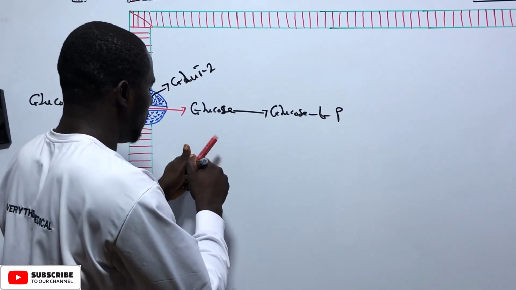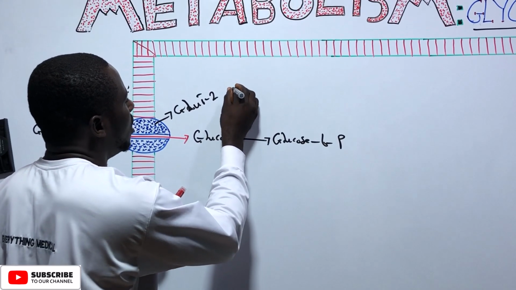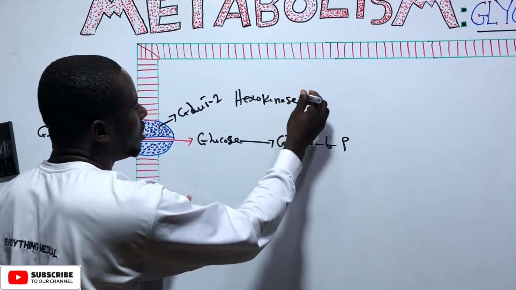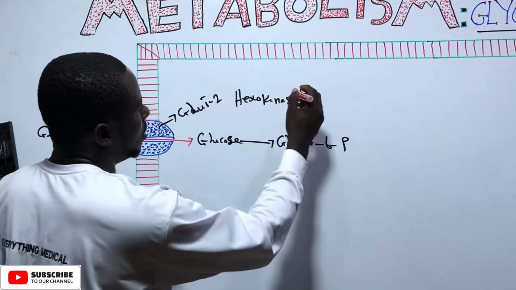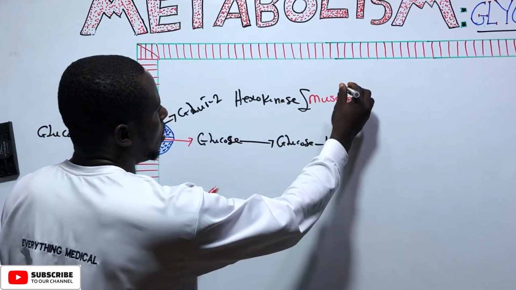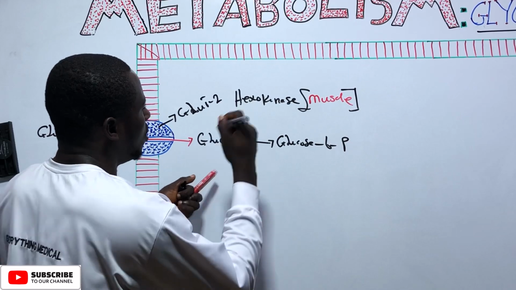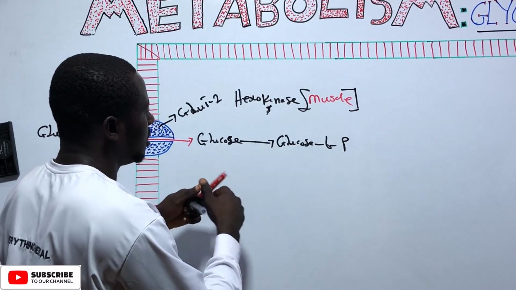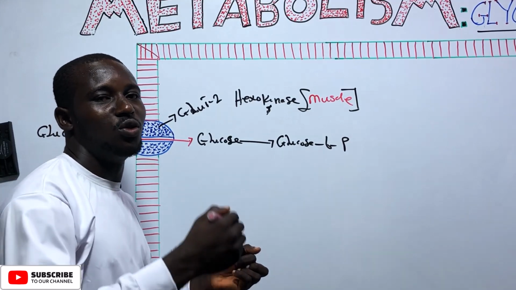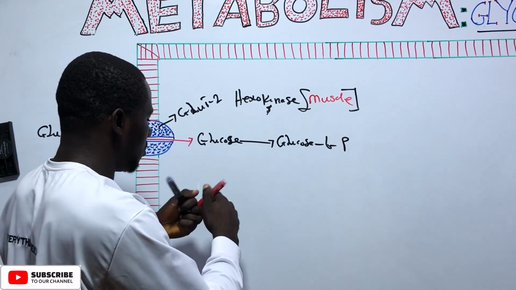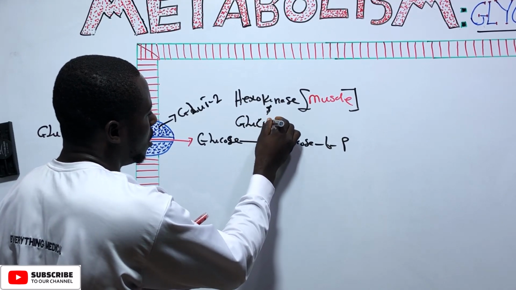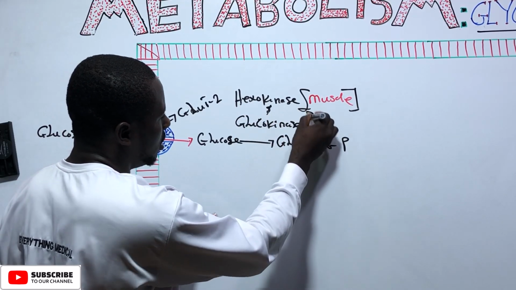There are two enzymes which are isoenzymes by themselves. We have hexokinase for muscle, and we have glucokinase for liver. That is why it's called hepatic glucokinase.